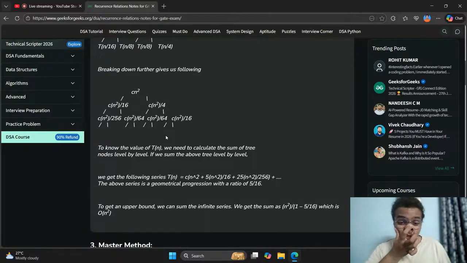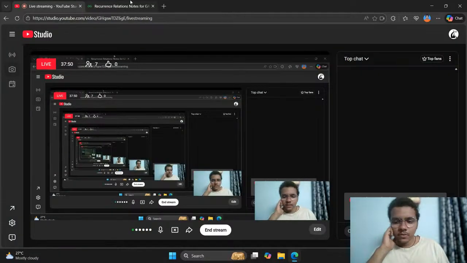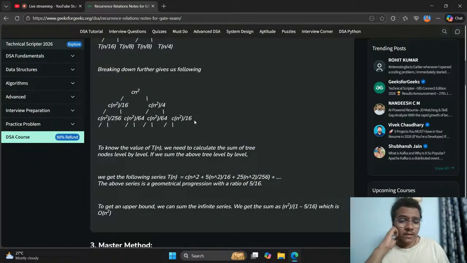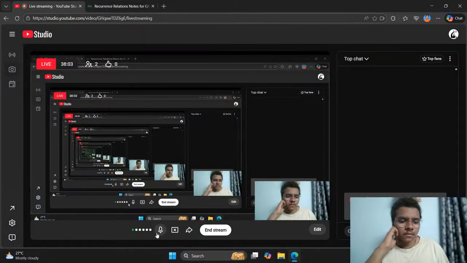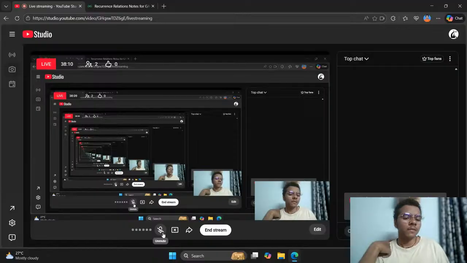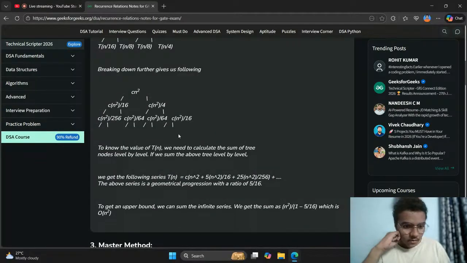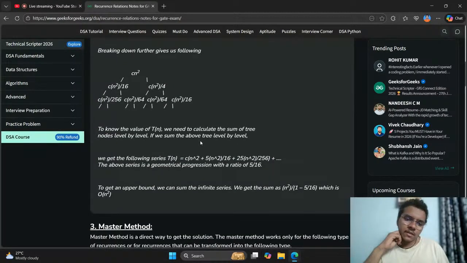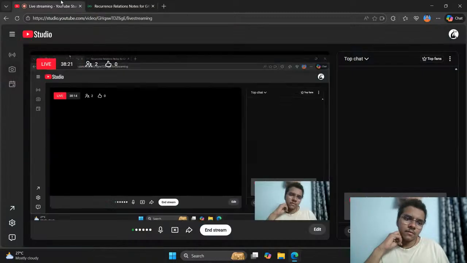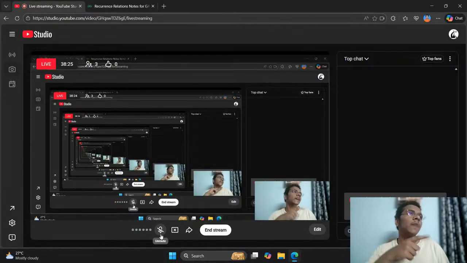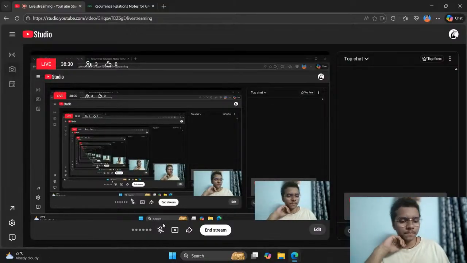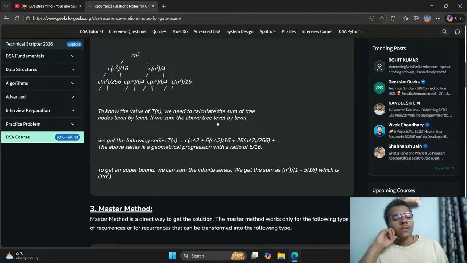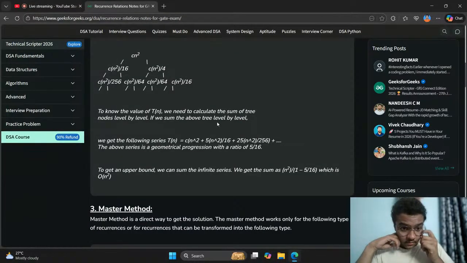To know the value of T of n, we need to calculate the sum of tree nodes level by level.